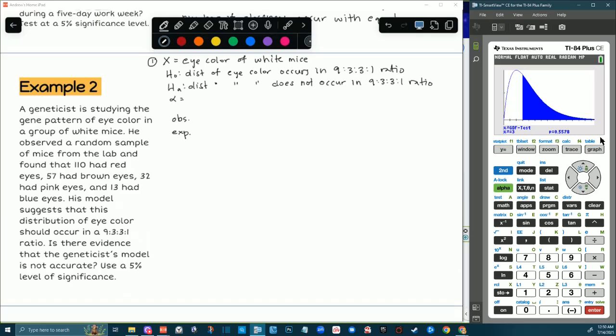Matches the expected for the null, does not match the expected for the alternative. We're told to use a 5% level of significance.